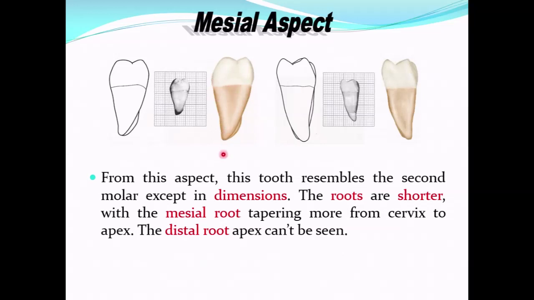More tapered here, less tapered here. And the distal root apex cannot be seen. Here at the mesial, the distal apex can't be seen. From here, I can see part of the distal root buccally and the apex of the distal root. Here I couldn't see the apex of the distal root.